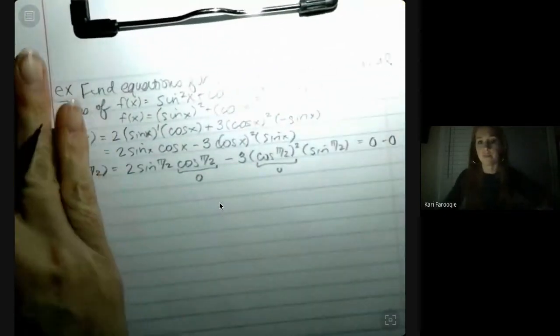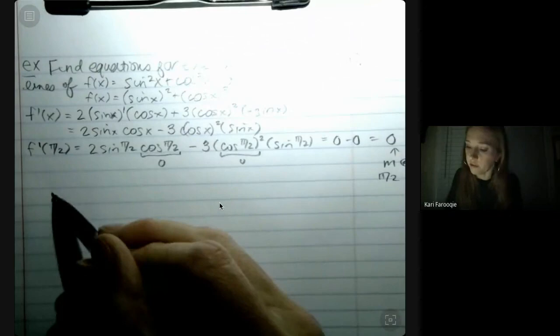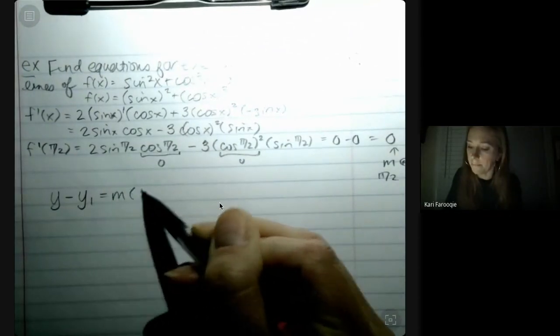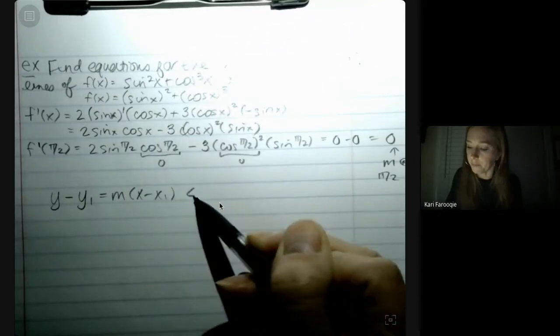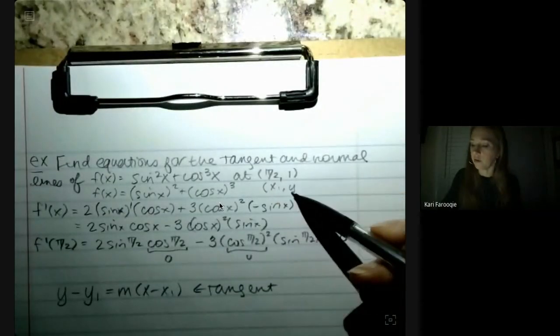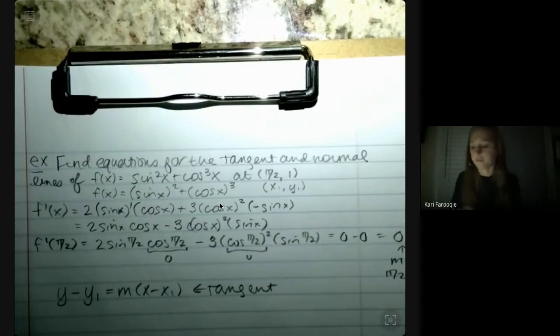Once you have your slope, you can go ahead and use your equation y minus y sub 1 equals m times x minus x sub 1 to get the equation for the tangent line. And remember that the original point you were given gives you those coordinates for x sub 1, y sub 1.